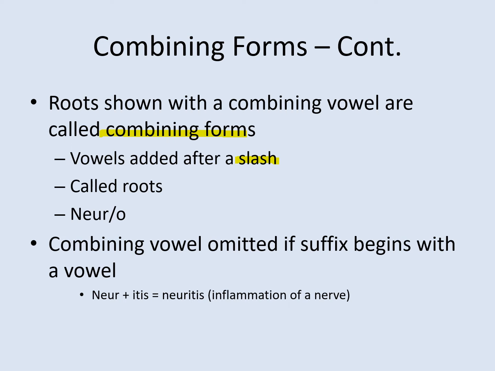So in the instance of neur for the brain, the nervous system, you'd be adding a combining vowel of O. And the combining vowel is omitted if the suffix already begins with a vowel. So you can see the suffix here begins with I, so you don't add another combining vowel, you just keep the vowel that is on the suffix.